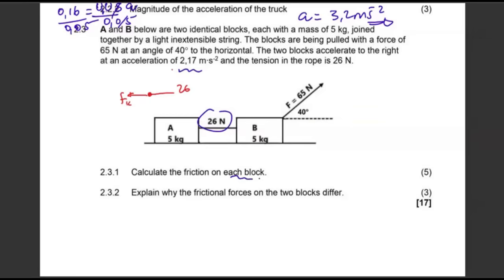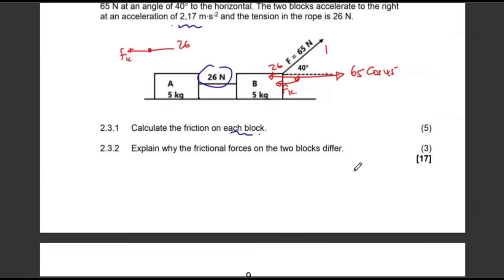When I look at B, I'm going to look at the horizontal component, which is going to be 65 cos of 40. Then on the other side, I have the tension, which is a 26, and I also have the frictional force. So I have more forces acting on this than on this.